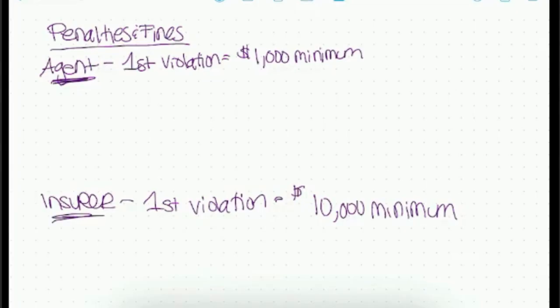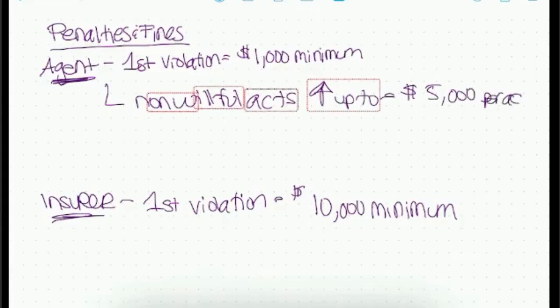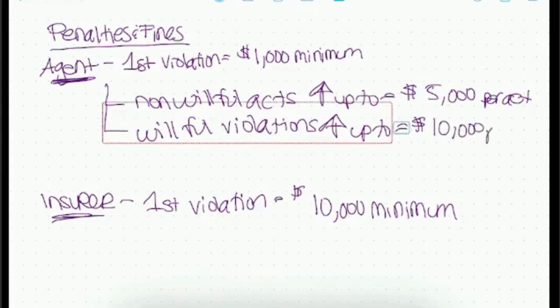Now, non-willful acts can be up to $5,000 per act, and willful violations up to $10,000 per act.